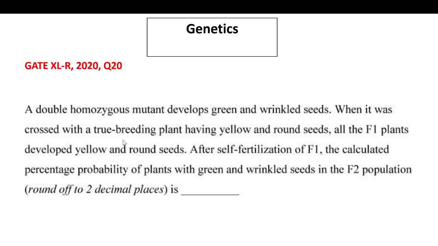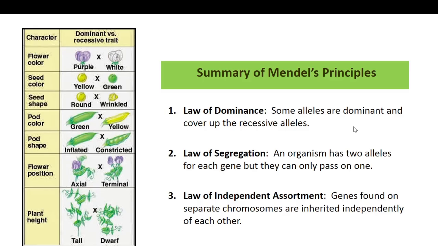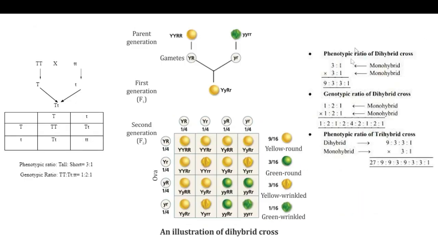When it was crossed with a true breeding plant having yellow and round seeds, yellow is the dominant allele and round is also the dominant allele. All the F1 plants developed yellow and round seeds.